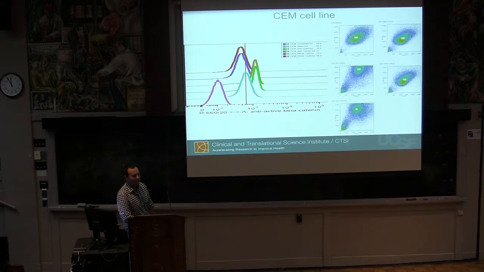This is using a leukemia cell line. And what I did here, we have different concentrations of the Wnt agonist. So again, we see higher levels of active beta-catenin. And then if you use PI3 kinase inhibition, you see decreased levels like we thought. So that was good to see.